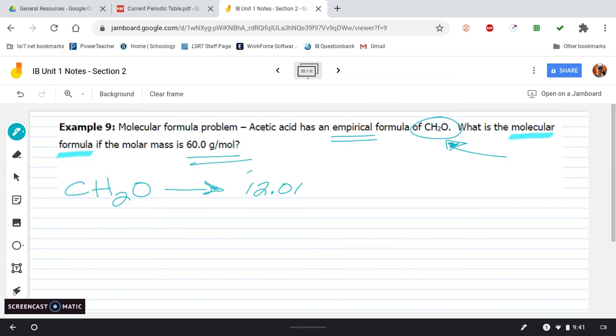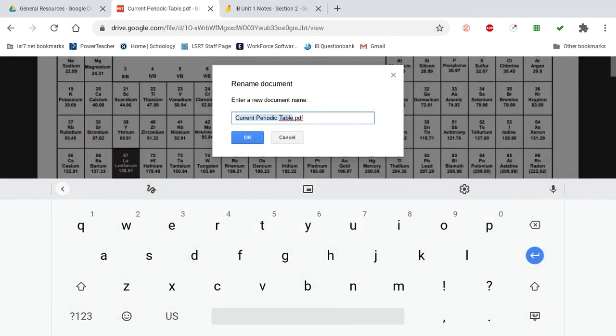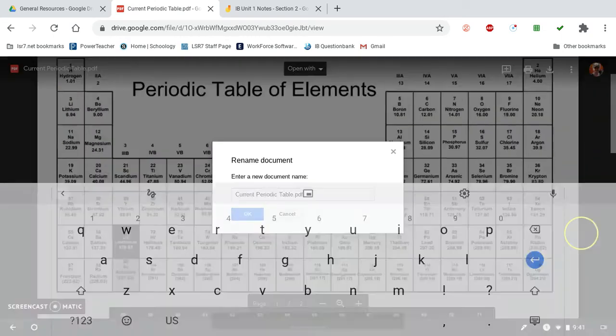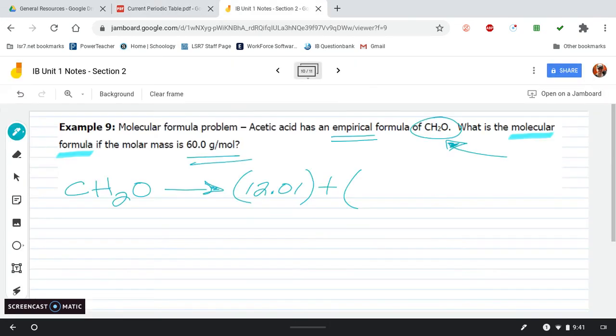Let's add that to the hydrogen. The hydrogen weighs 1.01, and there are two of them, so we're going to go 1.01 times 2. And then last, we've got our oxygen. You can look it up, it weighs 16. There's only one of those.